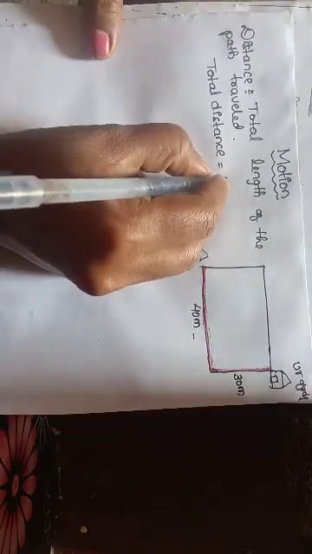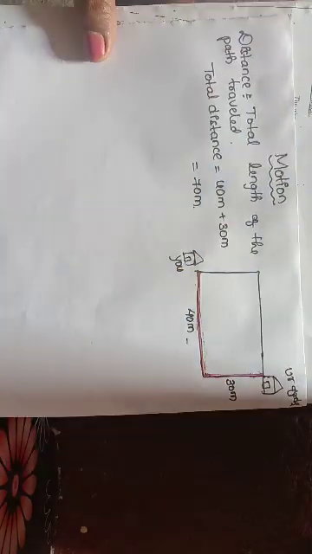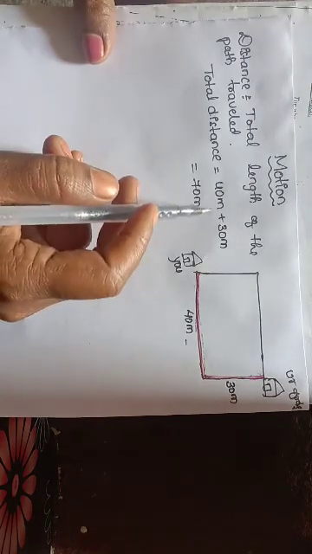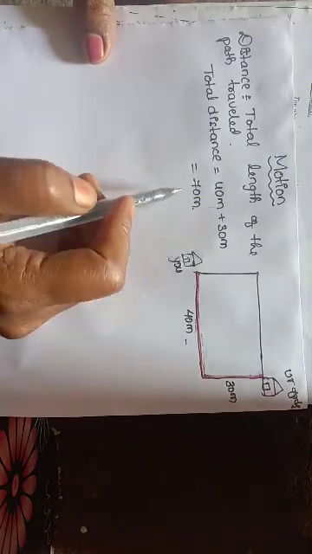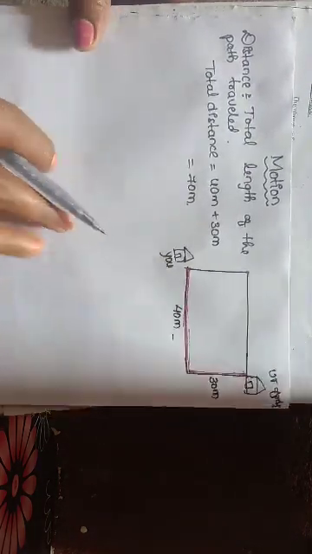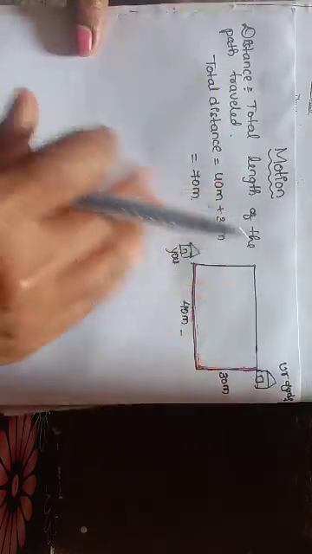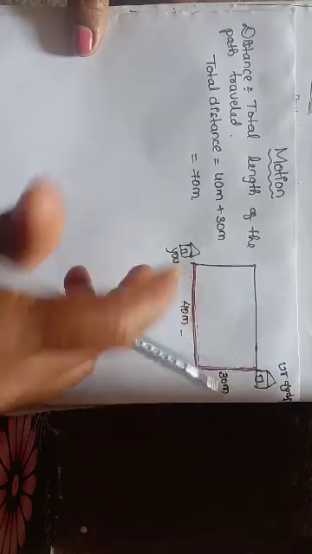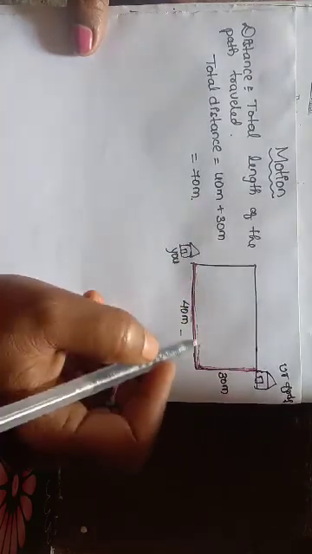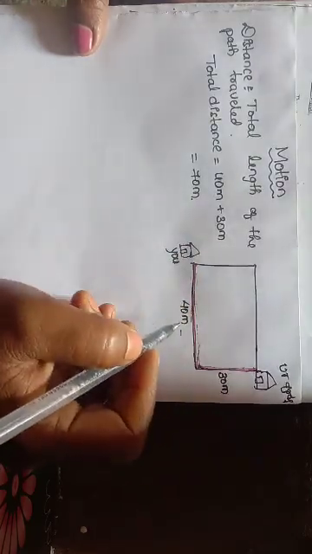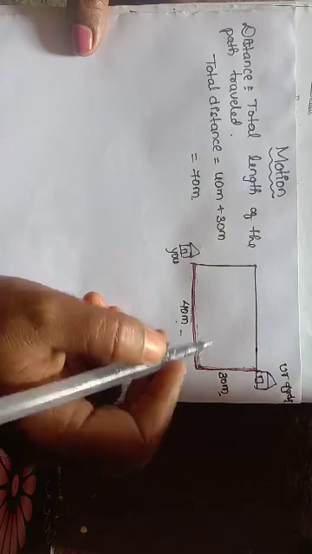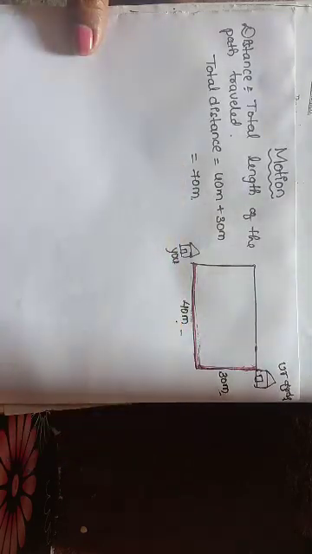Total distance is equal to 40 meters plus 30 meters, which is 70 meters. Let us consider this is a top view of the park, your house and your friend's house. You are going along this path, so the total distance is 40 meters plus 30 meters.